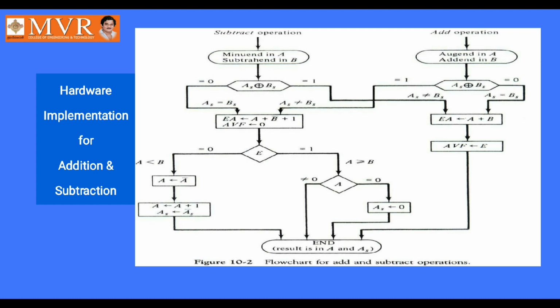So if A sign and B sign are equal, then EA means A equals A plus B bar. B bar means the complement plus 1, the 2's complement, and there won't be an overflow. A overflow is 0. After that, we are checking the value of E. Why we are checking the value of E is, this is called the end carry.